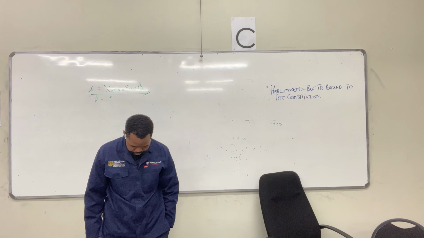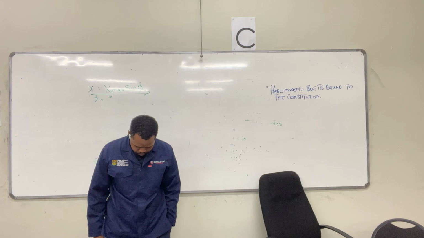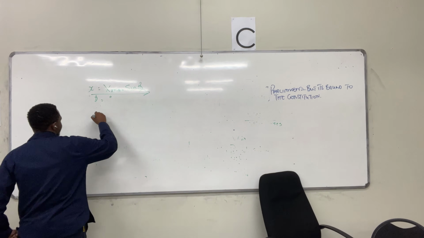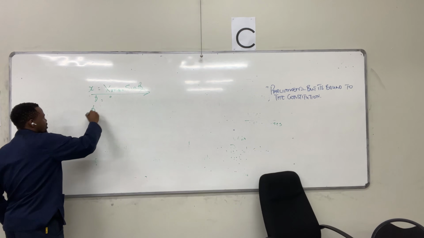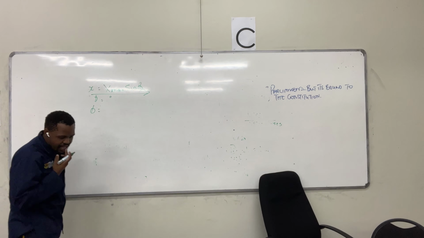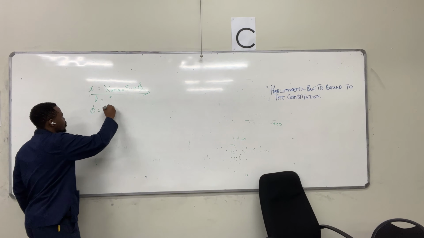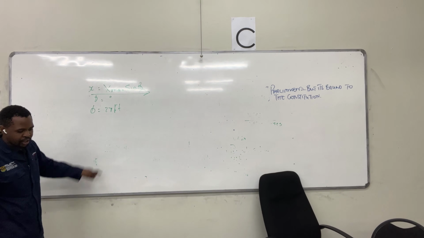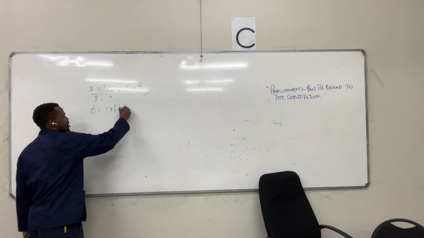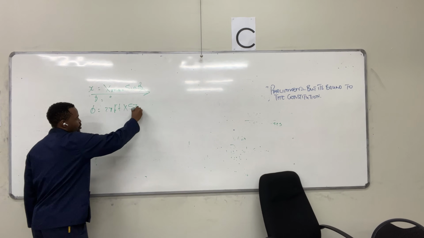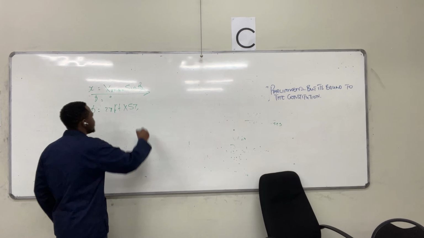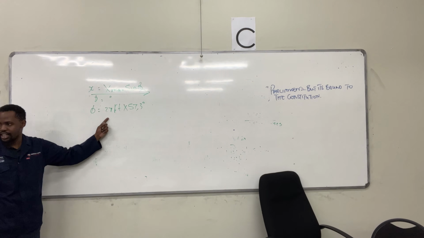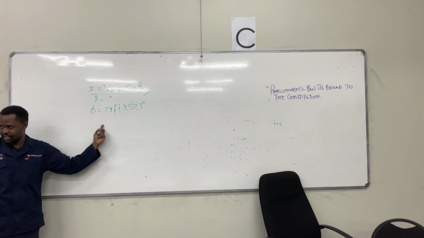So if theta is given by 2 pi f t, we have to multiply by 57.3 to put theta in degrees.